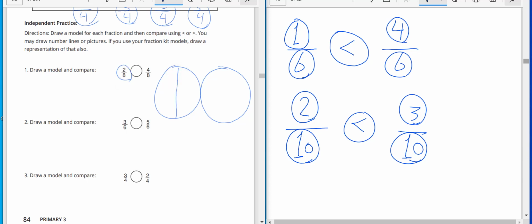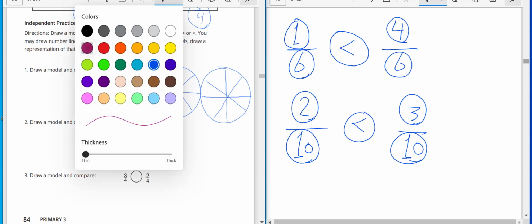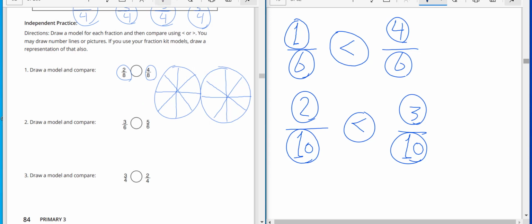Divide the first fraction into 8 equal parts like this, and divide the second fraction into 8 equal parts. In the first fraction, what is the numerator?